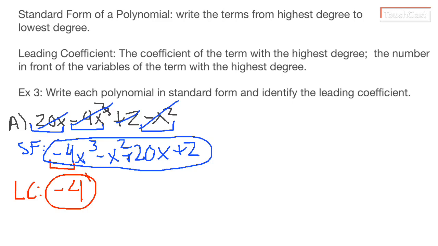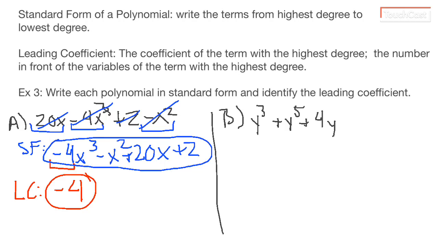Let's look at one more before we move on. We're going to have y to the third plus y to the fifth plus 4y. Well, to write this in standard form, we're going to take the term with the highest degree, highest power, and write that first.